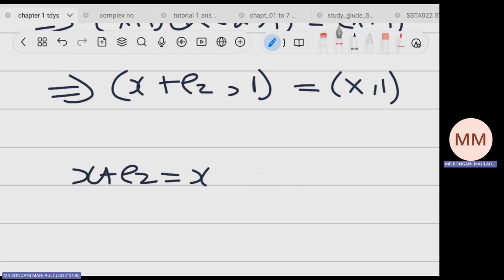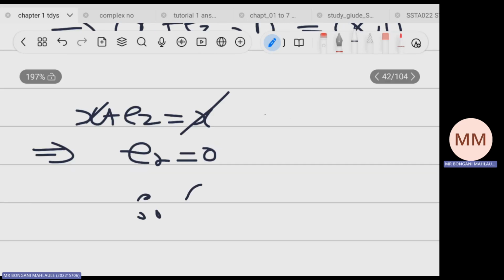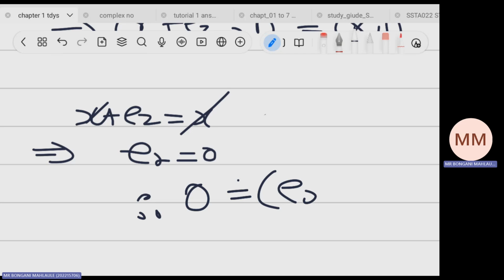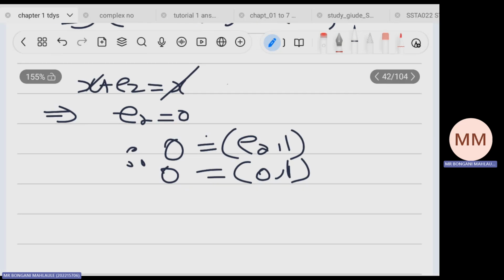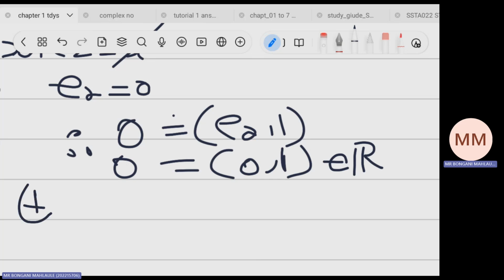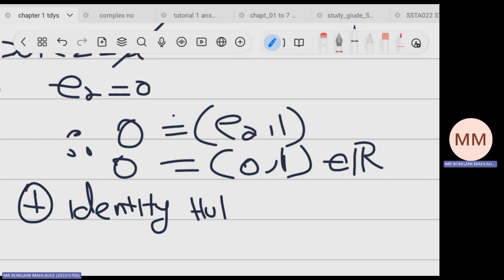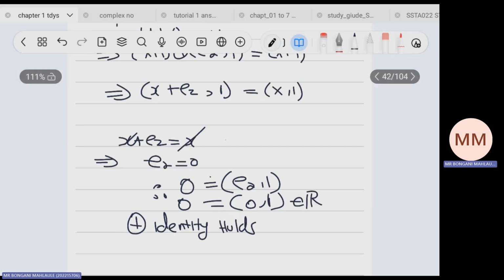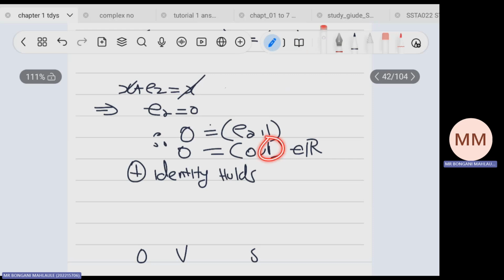We're not going to write 1 equal to 1. Then this will cancel. E2 is equal to 0. Therefore, remember that 0 was E2 and 1. So this will imply that 0 is just equal to 0 and 1. And since this is an element of real numbers, we can say that additive identity holds. This is still an element of real numbers, and also this one is still fixed.